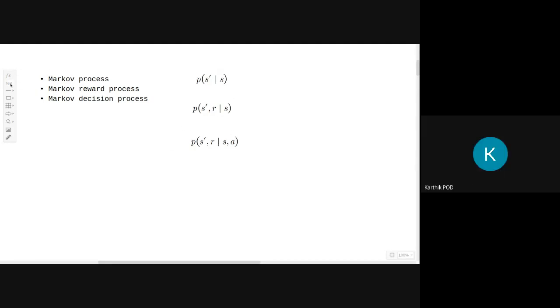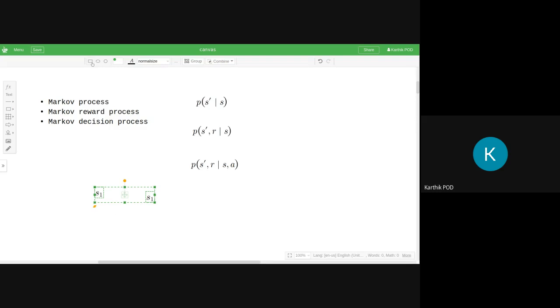So here's a very quick example of a transition graph. Sir has done it, but let's quickly do it. Assume that there are only two states in an MDP, S1 and S2.